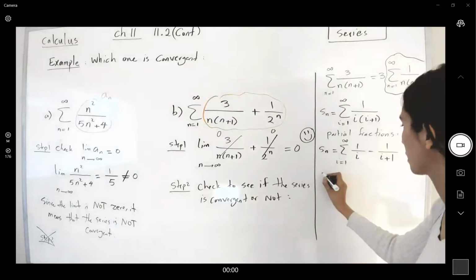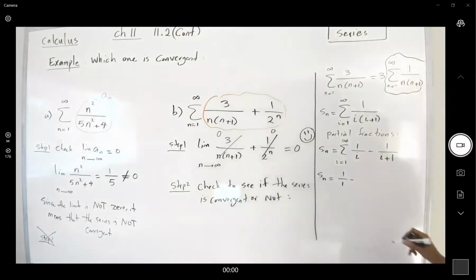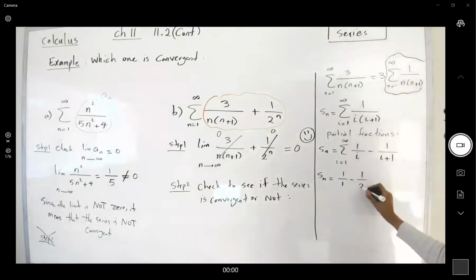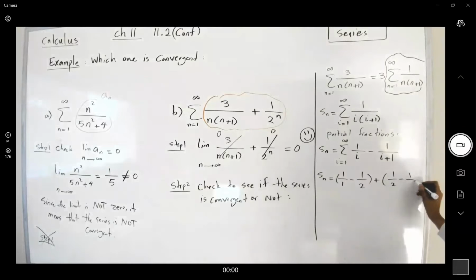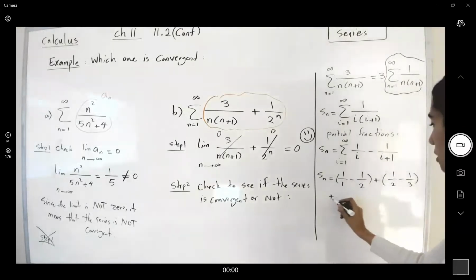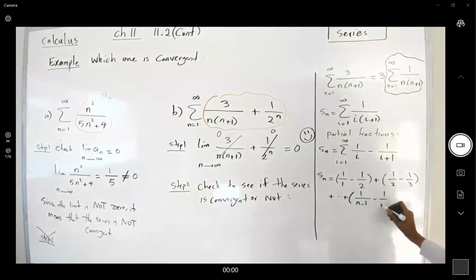Let me see. S of n is 1 over 1 minus 1 over 2, plus 1 over 2 minus 1 over 3, plus dot, dot, dot, 1 over n minus 1 over n plus 1.